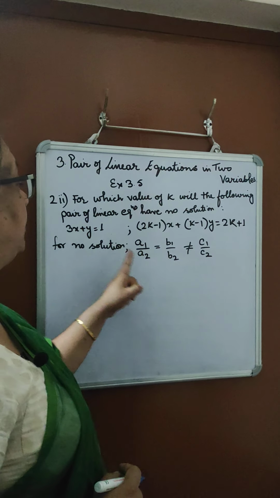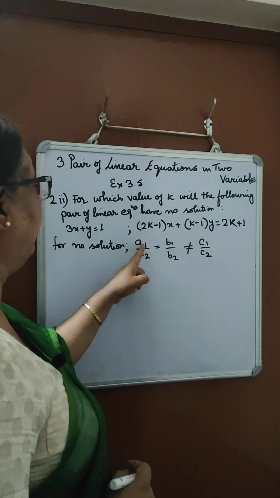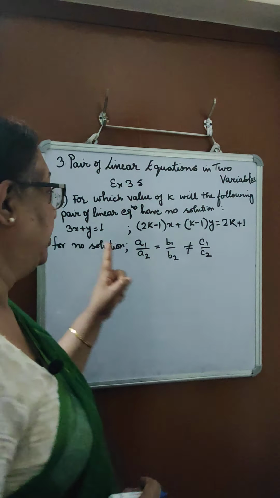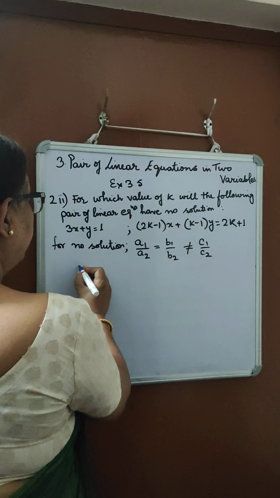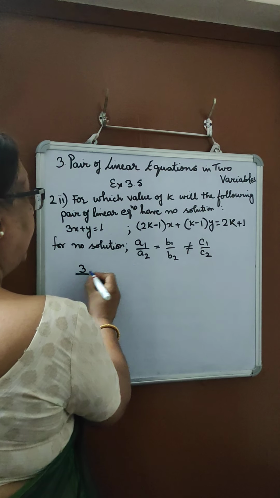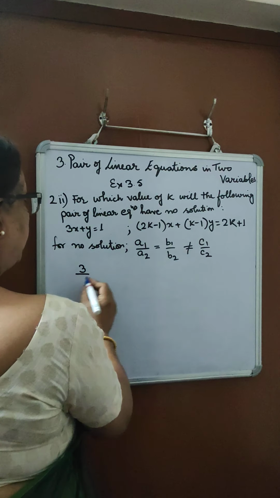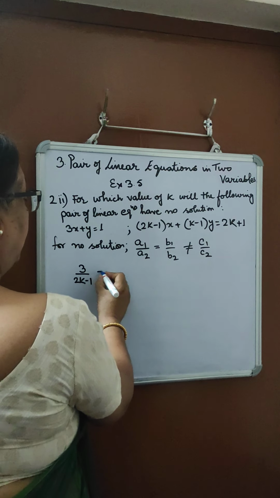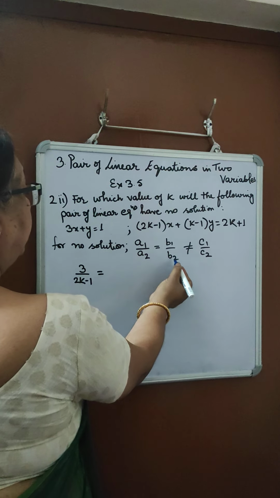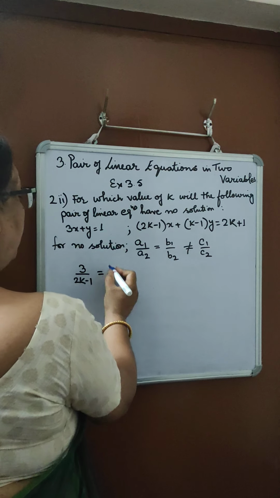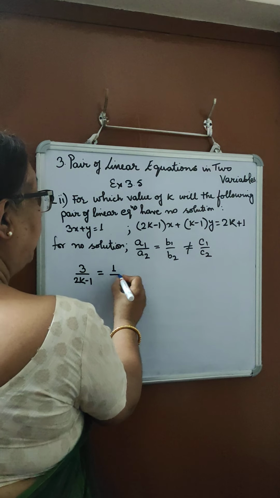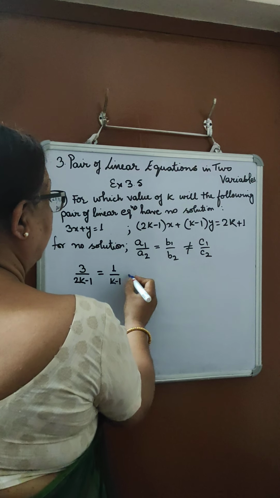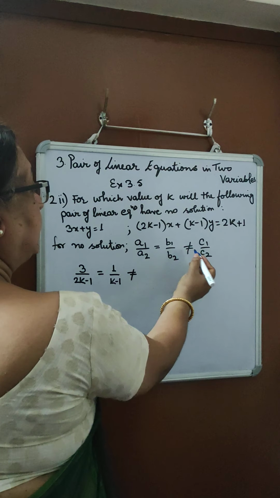So let us substitute the values in this condition. A1, from the first equation, is the coefficient of x, so 3 by the coefficient of x, 2k minus 1, equal to B1 by B2. B1 is the coefficient of y, 1 by k minus 1, not equal to C1 by C2.